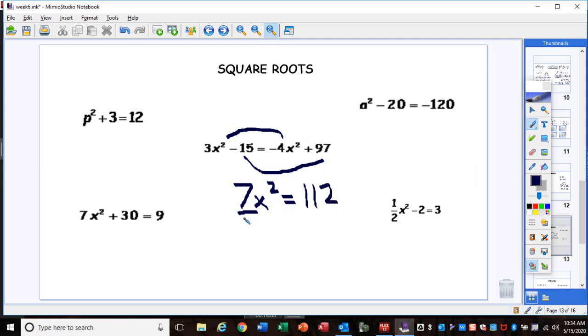Okay, divide by 7. And so x squared is equal to 16. And so, what are the two answers? x is equal to positive or negative 4.